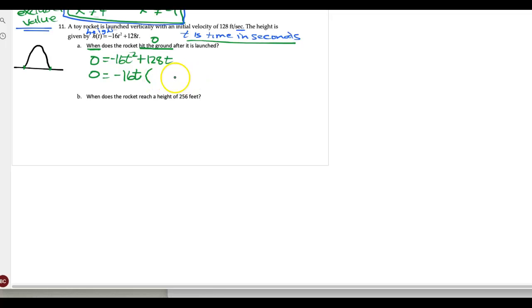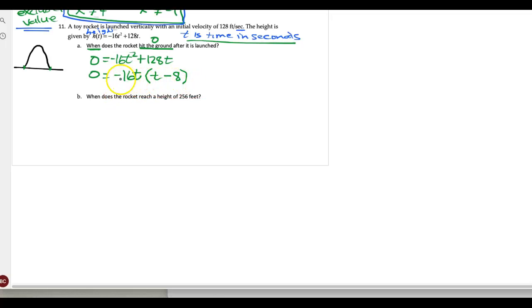What am I left over with when I factor that negative 16t out? T plus 8? Yeah, t, and then 128t divided by negative 16t is going to be negative 8. Negative 8. Okay.